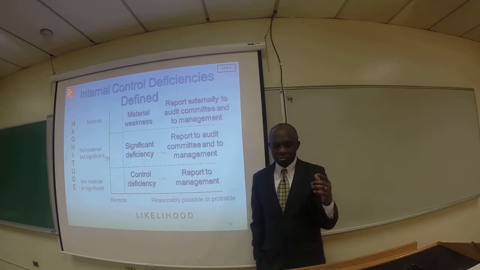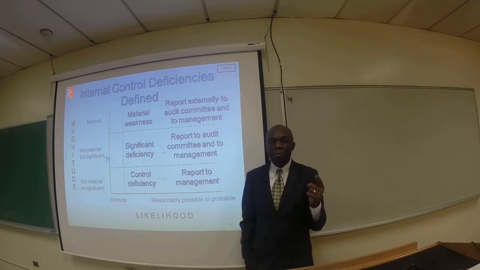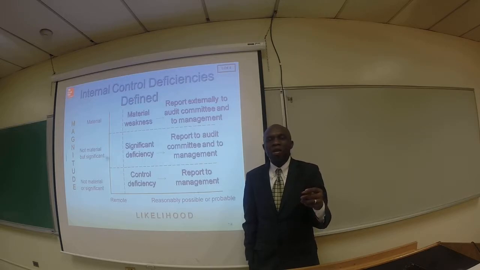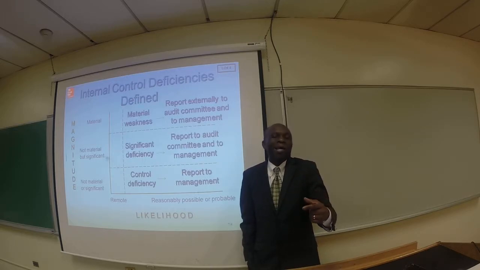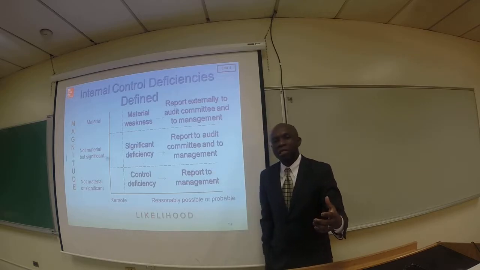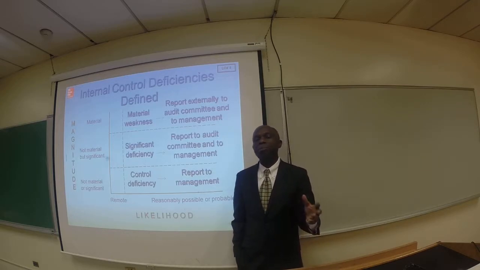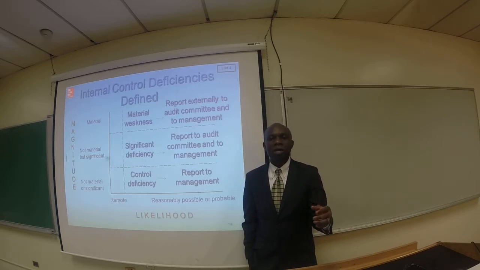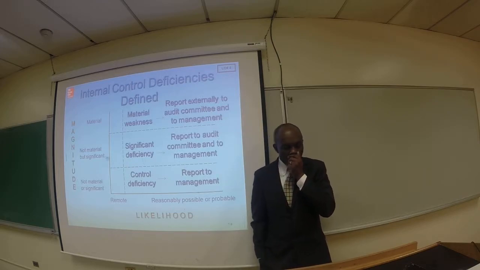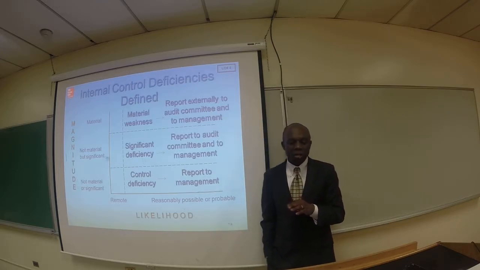Number 1, probable. Number 2, reasonably possible. And number 3, remote. If it is probable that it will happen, then we accrue for that contingent liability in our books. If it is reasonably possible, then we disclose it. But if it is remote, we don't do anything. So that as a background, let's take a look at likelihood.